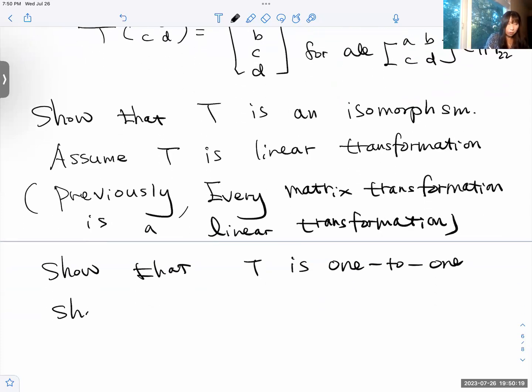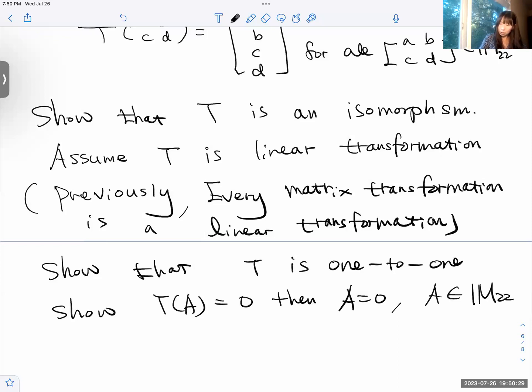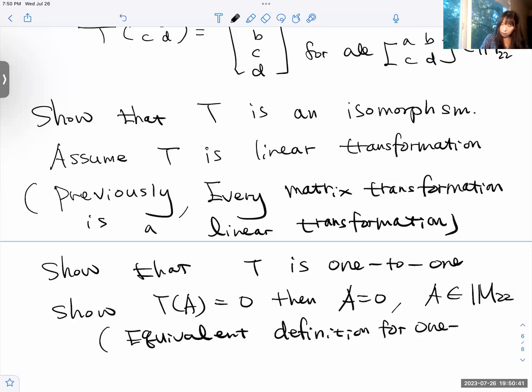Okay, show that T of A equal to 0 implies A is the 0 matrix, for A a 2 by 2 matrix. This is the equivalent definition for one-to-one.